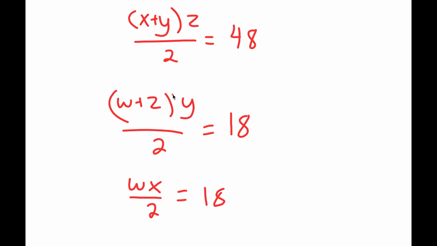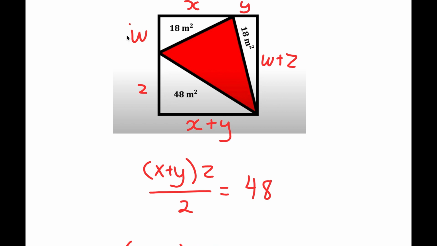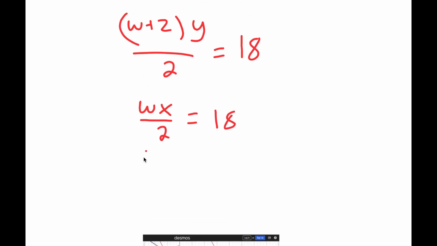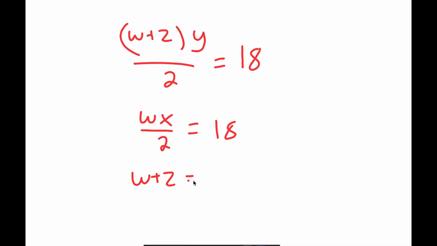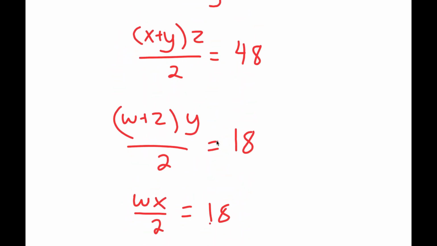And finally, the last equation is that, because this is a square and all side lengths are equal to each other, w plus z is equal to x plus y. So now, for these three equations, I'm going to multiply both sides by 2 just to get rid of the division.